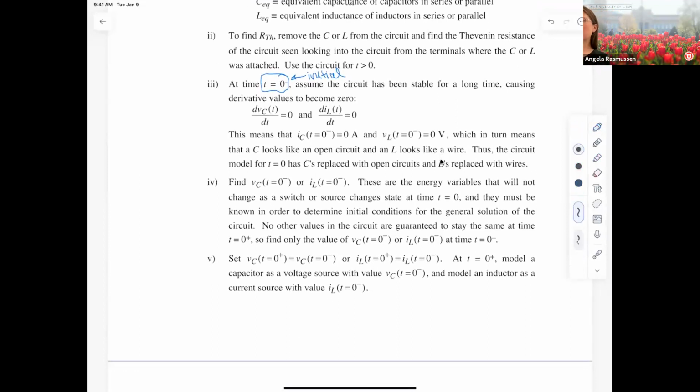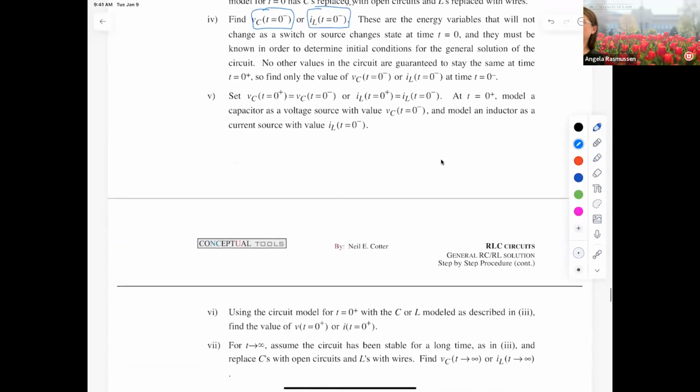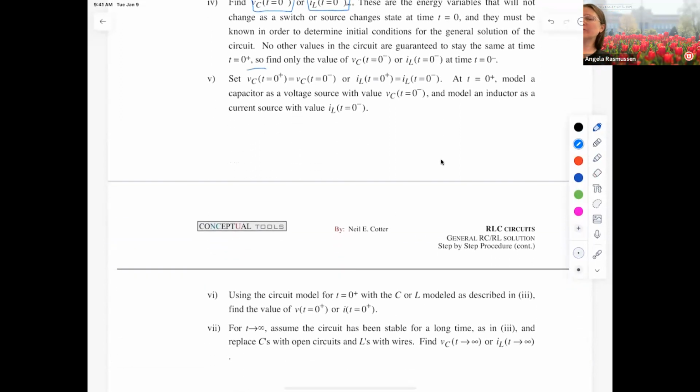And then that's going to cause those derivatives to go to zero, which is going to cause a wire or an open circuit to be there. And then you're going to find the value across the capacitor or the current through the inductor. And then we use that a capacitor voltage can't change instantaneously, nor can the inductor current change instantaneously.